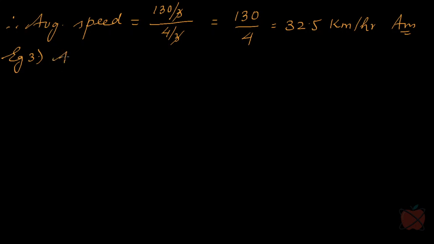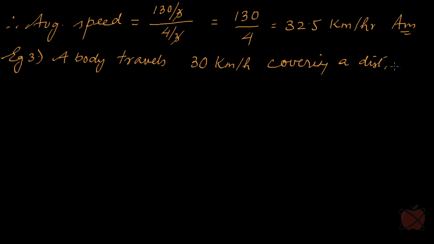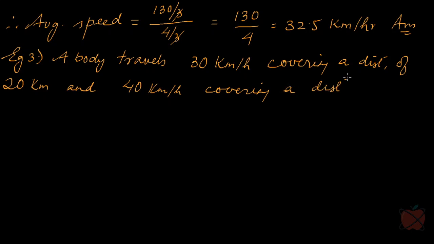A body travels 30 kilometer per hour, covering a distance of 20 kilometer, and 40 kilometer per hour, covering a distance of 60 kilometer.